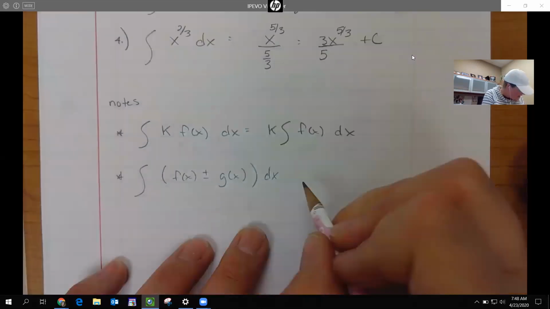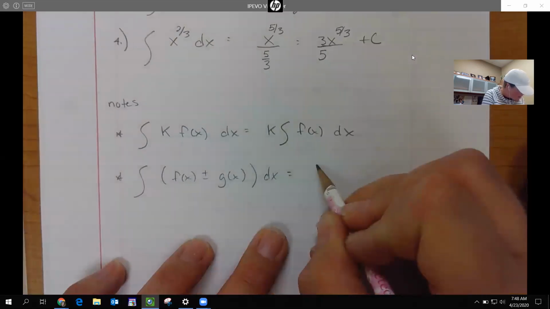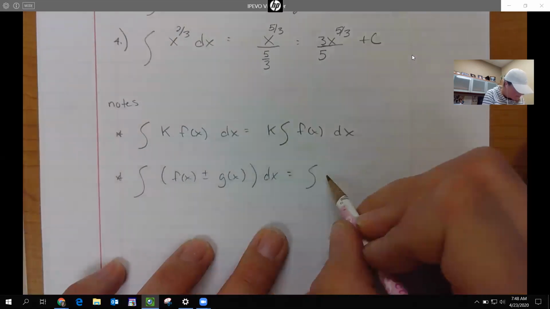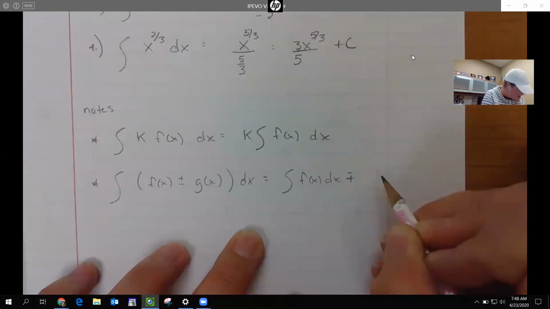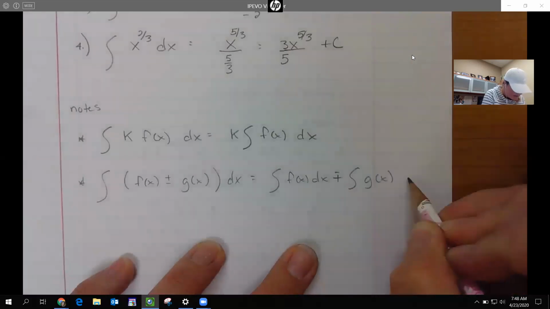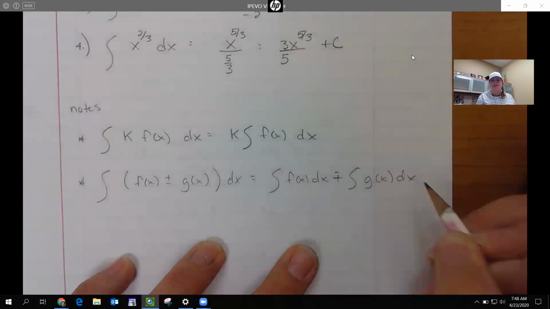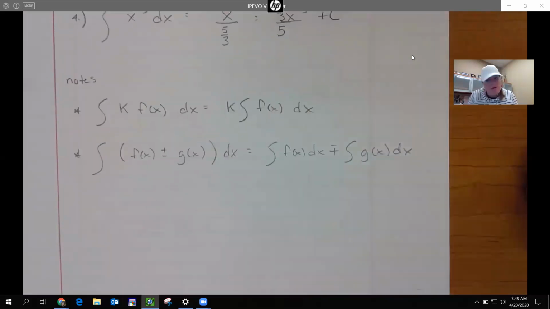We can then have the antiderivative of each part, plus or minus, whatever it is, to the next part as well. So that allows us to take the antiderivative of each section, just like we could with the derivative. And we've been doing that for a while, so it seems almost silly to write it down. But we can do that.